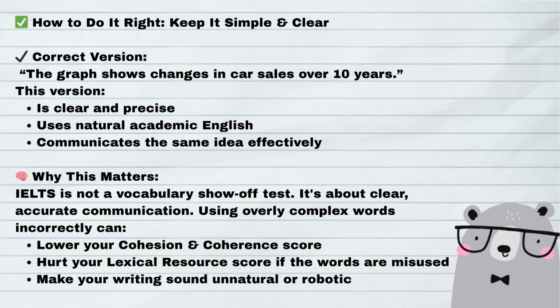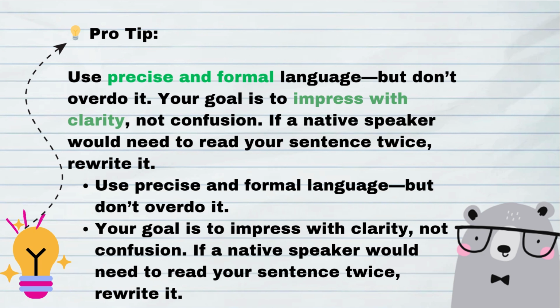Otherwise it will lower your coherence and cohesion scores and hurt your lexical resource score if the words are misused, and also make your writing sound unnatural or robotic. Okay, so these are all things you need to pay attention to while using vocabulary in your sentences.